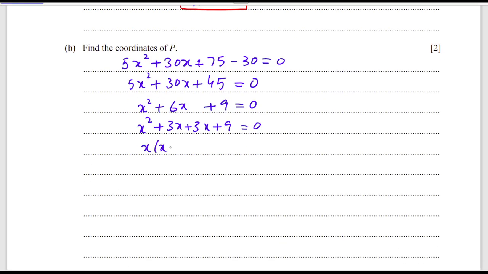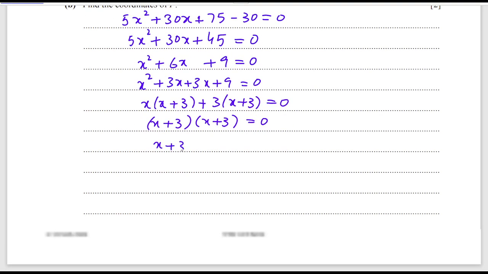So this is x into x plus 3 into x plus 3 is equal to 0. So x plus 3 times x plus 3 is 0. So x plus 3 is 0 and x plus 3 is 0. So x is negative 3 and x is negative 3.